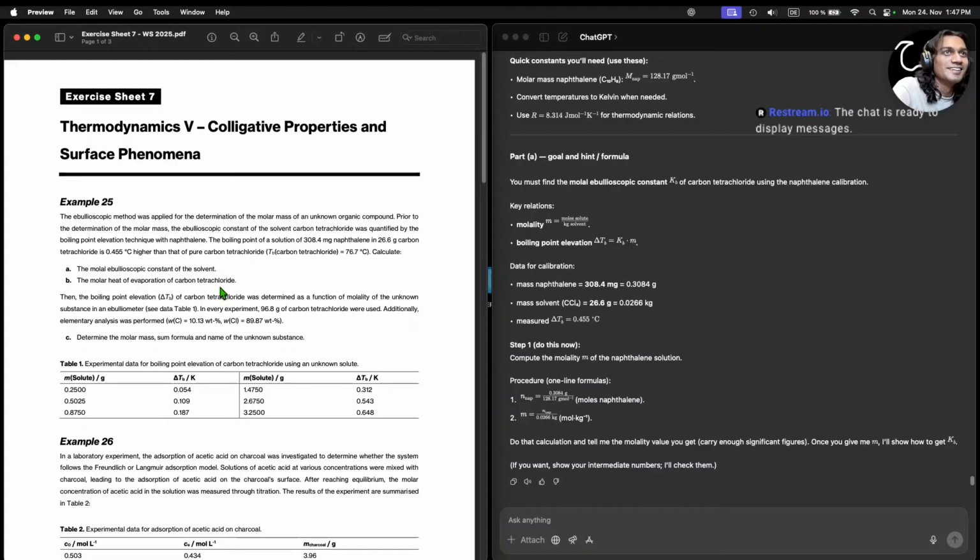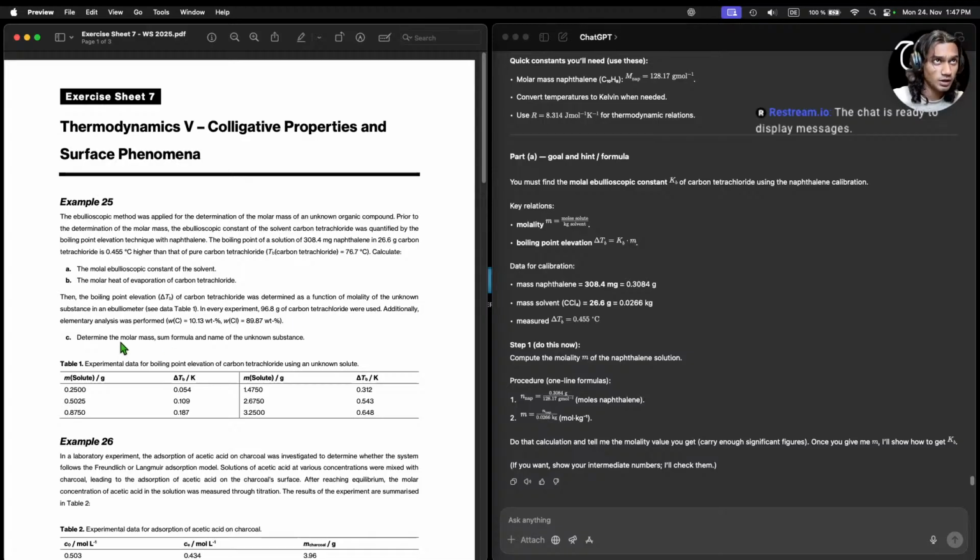Let's see. The molar ebullioscopic constant of the solvent. The molar heat of evaporation of carbon tetrachloride. Then the boiling point elevation of carbon tetrachloride was determined as a function of molality of the unknown substance in an ebulliometer. In every experiment, 96.8 grams of carbon tetrachloride was used.